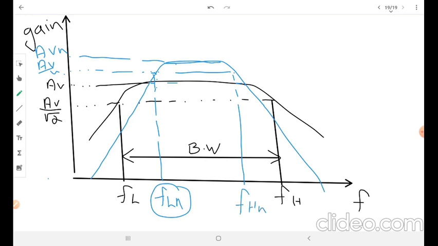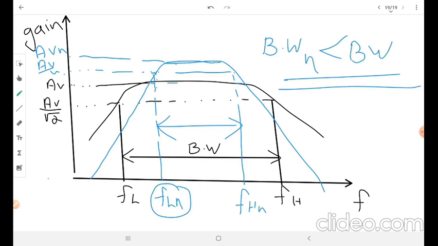It will be reduced by a factor root of 2 raised to 1 by n minus 1. Then what happened to the bandwidth? This is the new bandwidth, that is decreased, less than the bandwidth of the previous case. So in a cascaded amplifier the gain is increased, and it is used to get the desired input and output impedance and improved overall gain, but the bandwidth is decreased. That's about the cascaded amplifier. Thank you.